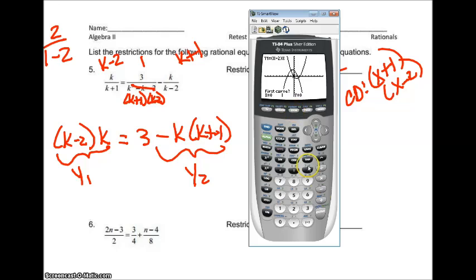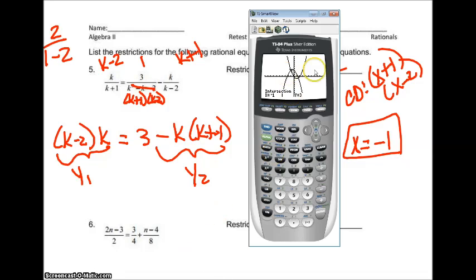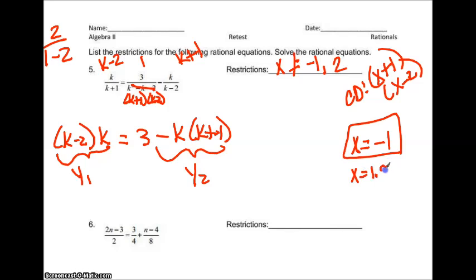Notice they cross twice. I'm going to have 2 answers here. Enter, enter, enter. My first answer, x equals negative 1. But then you need to go back and do it again. Since they're crossing twice, there are 2 solutions. Second calc, 5. And I'm going to go over here to the other place that they cross each other. Enter, enter, enter. And x equals 1.5. And you have to give both of those answers. Can't just give one.